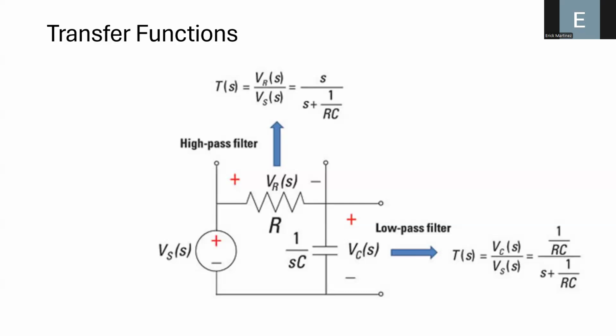But that is a topic that requires further discussion because it's related to another transform. We have discussed the Fourier transform and the Laplace transform, and in order to program this digitally, we need to use another transform called the Z transform. But that's another topic.